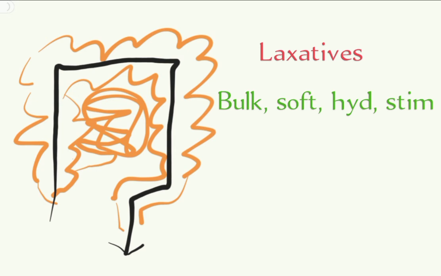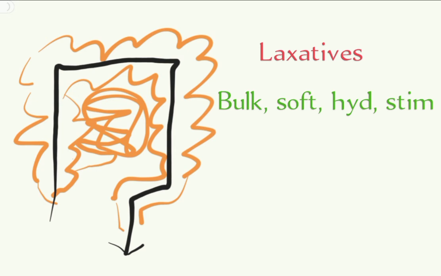There is a wide array of choices, but the choices are based on different modalities of action. I have listed a few, but first we will look at having enough bulk.